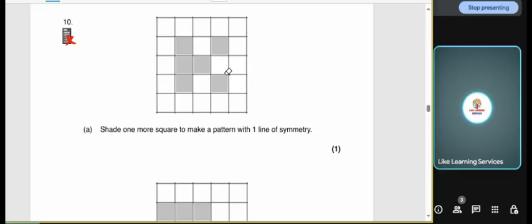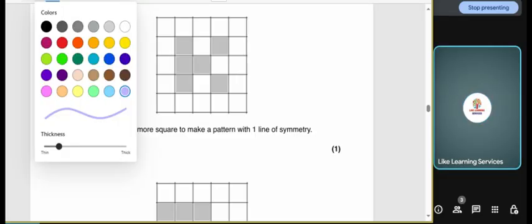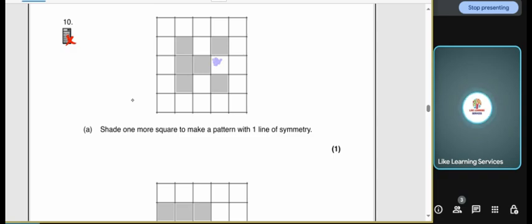Where do you think you can shade? Because if we shade this, how many lines of symmetry will they have? It will have 2 lines of symmetry if we shade it exactly with the same color. So where can we shade so that we have only one line of symmetry?